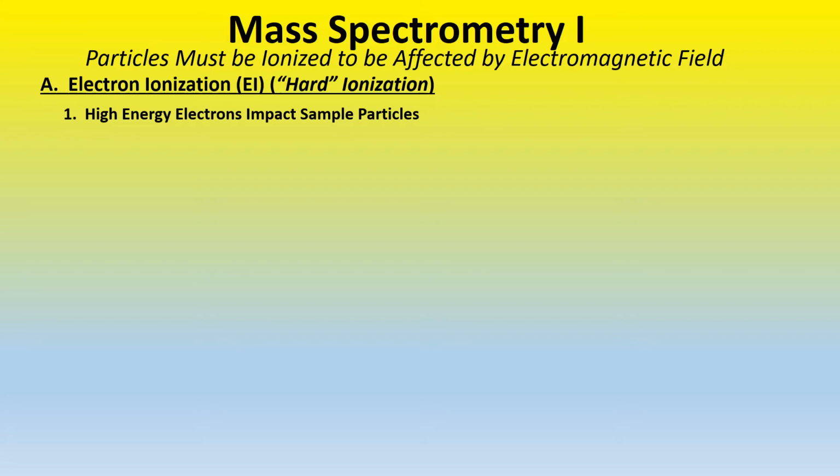After the collision, electrons are ejected from the sample, and a cationic molecular ion is created. Schematically, M plus an electron at high energy goes to M+ in some excited state, and an extra electron is thrown out to give you 2 electrons.